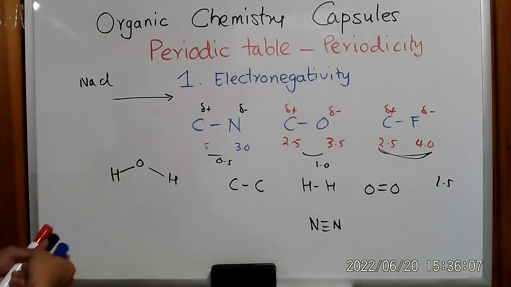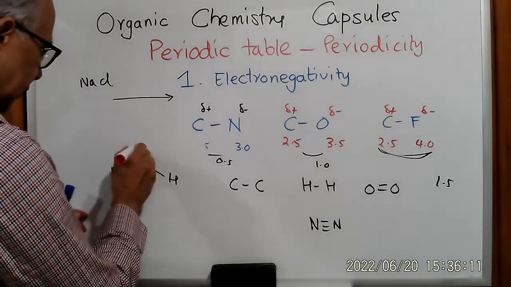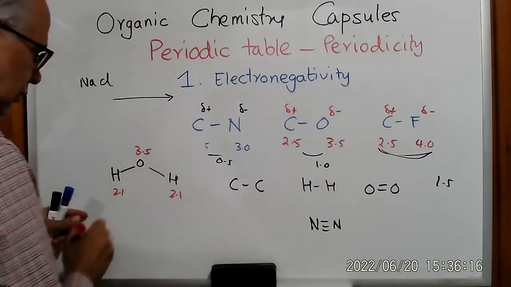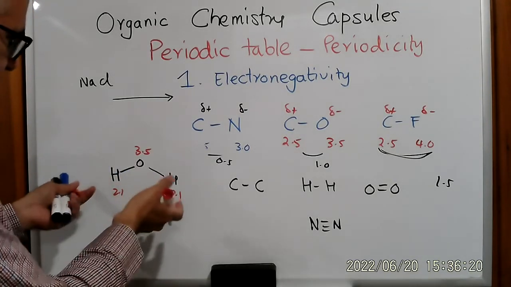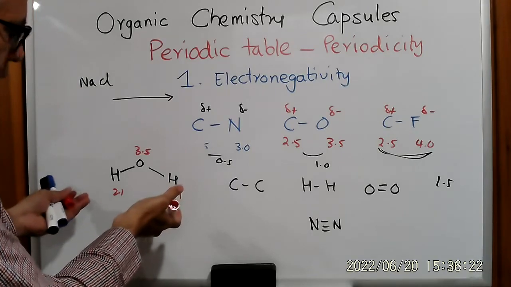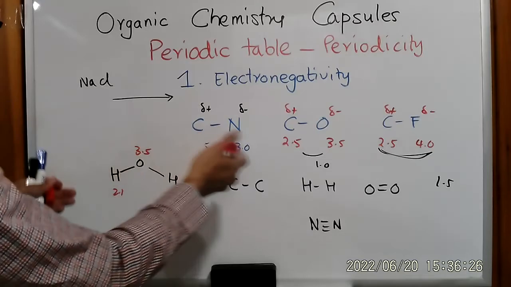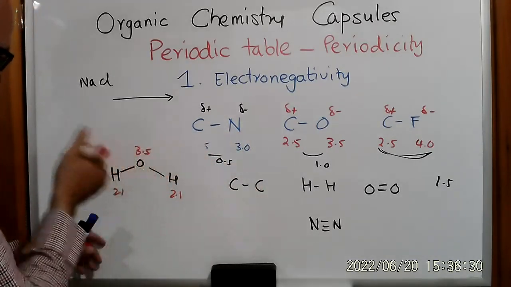Oxygen's electronegativity is 3.5, and hydrogen's is 2.1. Is this a purely covalent bond? No, because of the different atoms. There's an oxygen-hydrogen bond, oxygen-hydrogen bond.